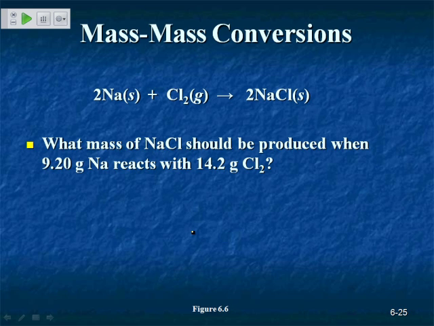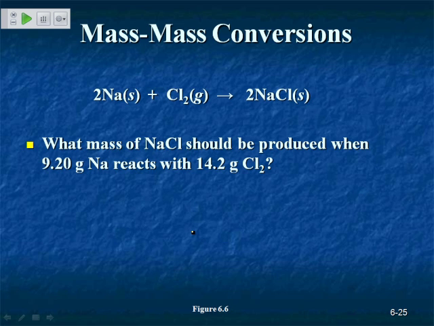Well, the same problem, let us just look at this too. What mass of sodium chloride should be produced when 9.20 grams of sodium reacts with 14.2 grams of chlorine? So we are trying to figure out how much product should be formed.